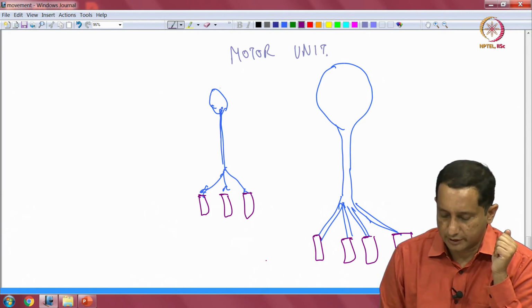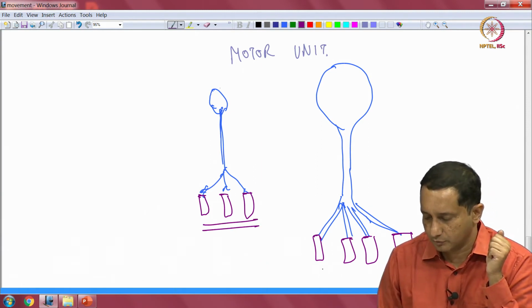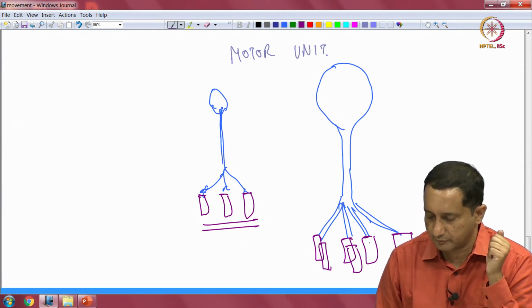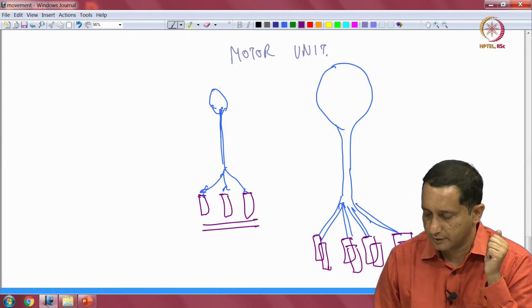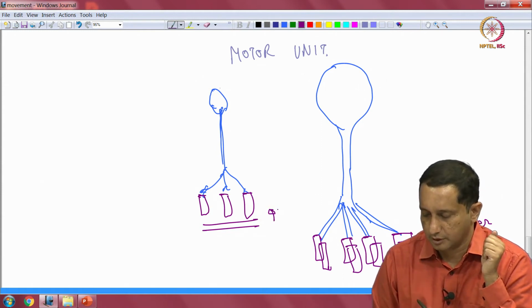The difference is that you activate only a small amount of muscle fibers here, whereas here you activate multiple muscle fibers. So, the power generated is higher here, whereas the power here is lower.